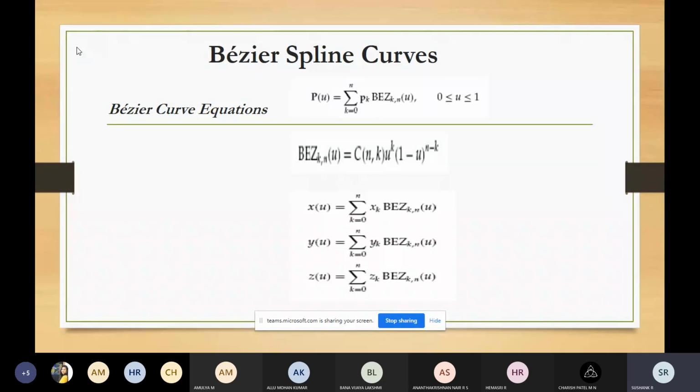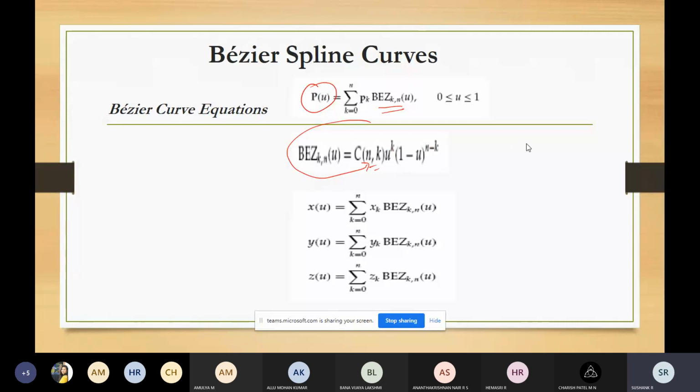In order to generate the Bezier curve equation, we have P of U, which is given by Pk into BEZ of k comma n with respect to U. This is again given by C of n comma k, u power k into (1 minus u) power n minus k, where C of n comma k is n factorial by (n minus k) factorial, like that.